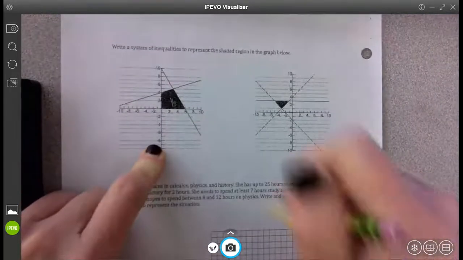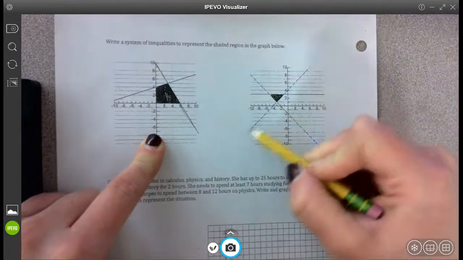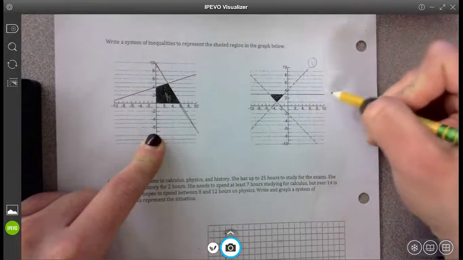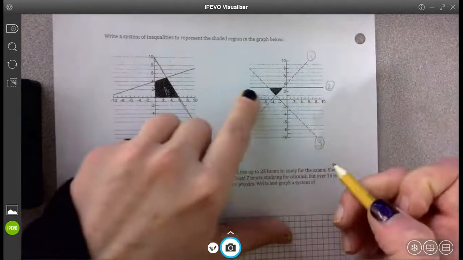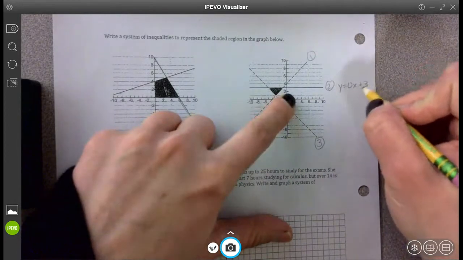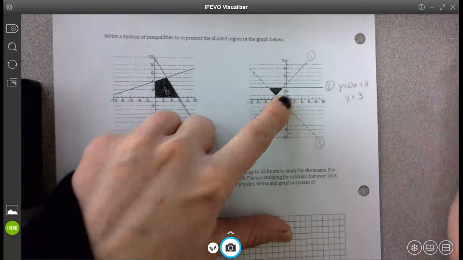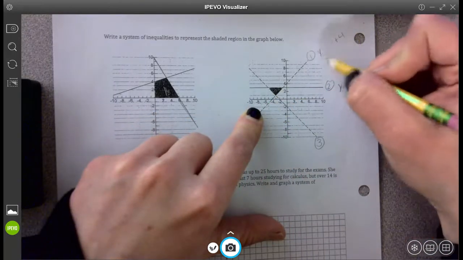What we haven't talked about, though, is here. You're going to have 1, 2, 3 equations. When you have an equation left to right, that's a y equals equation. Your slope is 0, and you started at 3. You can just write it like this. Here, you're beginning at 4. It's a dotted line.